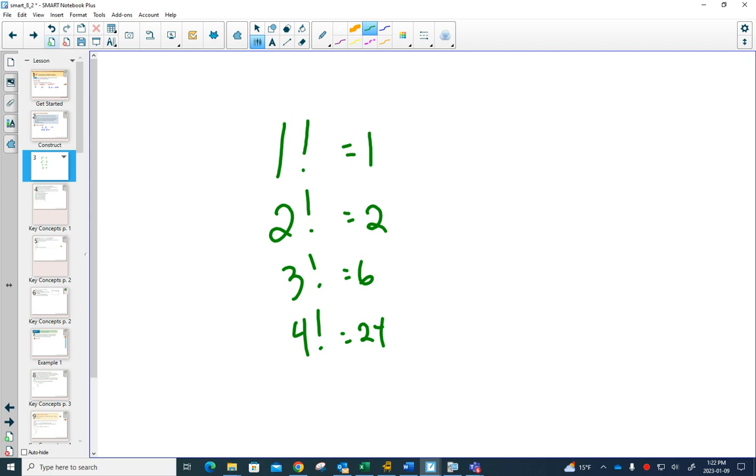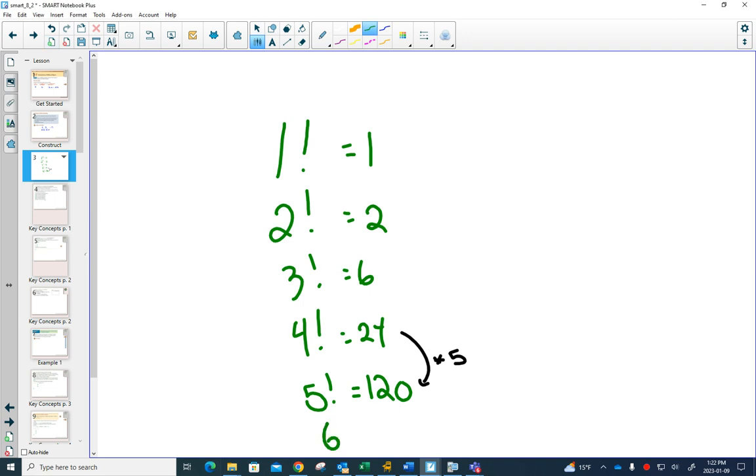Do you see a pattern? Figure out with 5 factorial, 5 with an exclamation mark, what it's actually equal to. 120. And how did you find the 120? Right? You took this one and you multiplied it by 5.